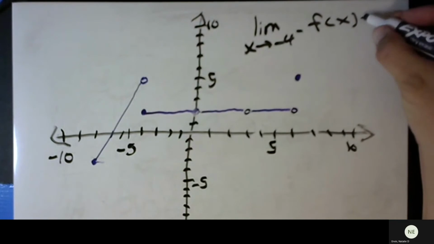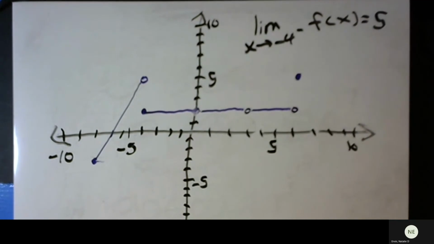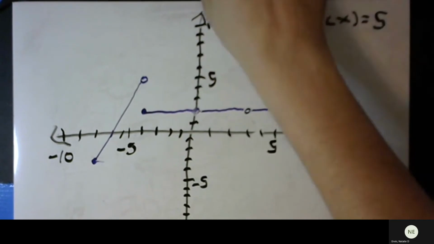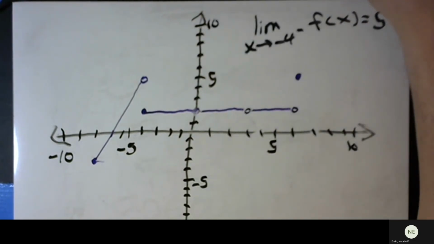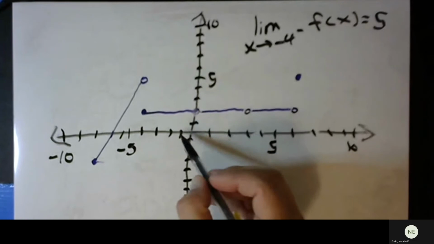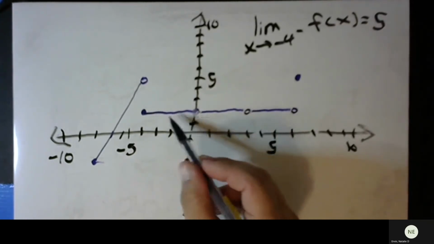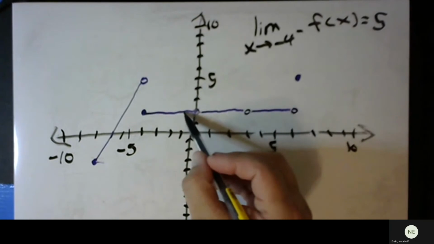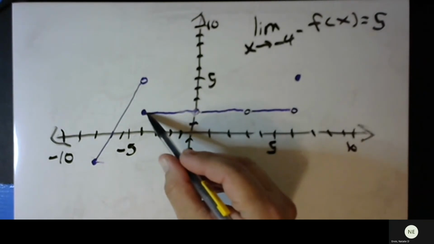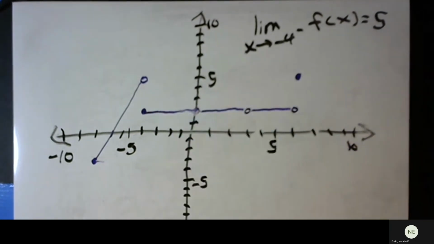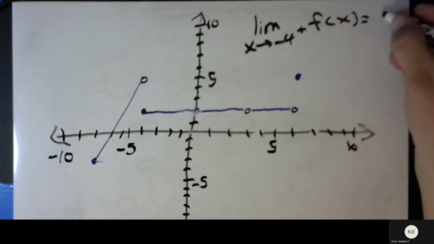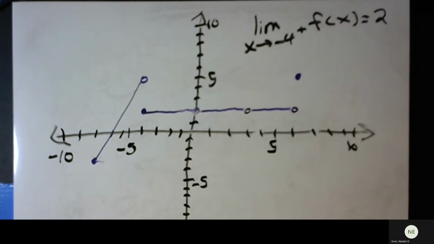So for this one, the limit's going to be 5. Now, if you approach -4 from the opposite side, to the right of -4, the function's at 2. So approaching -4 from the right, we're going to get 2.